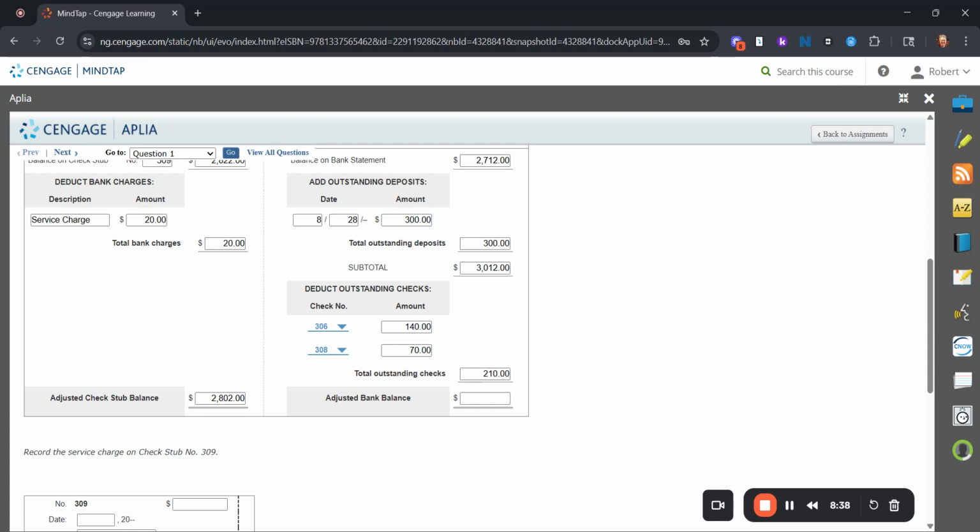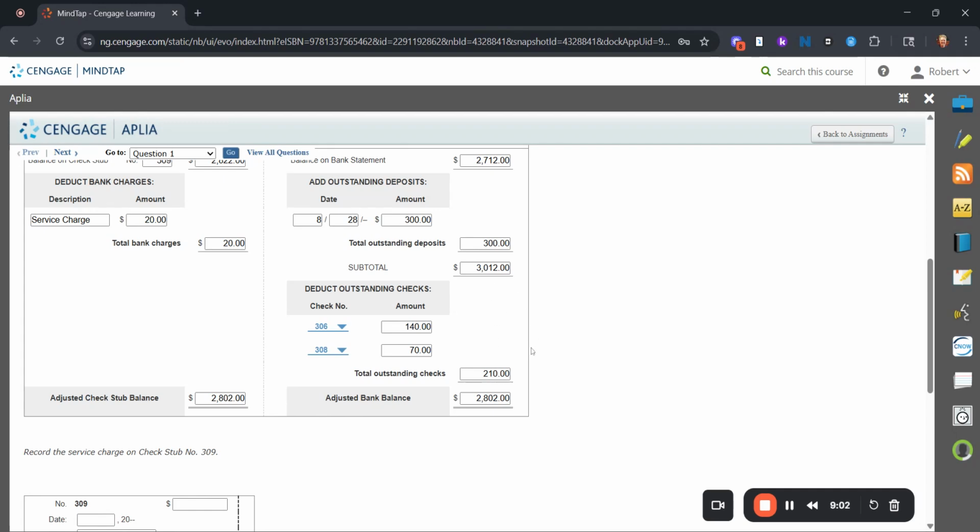So now those outstanding checks that haven't cashed yet, we're going to subtract those from this balance. So $3,012 minus 210 is $2,802.